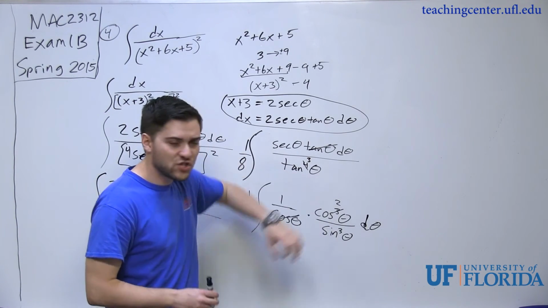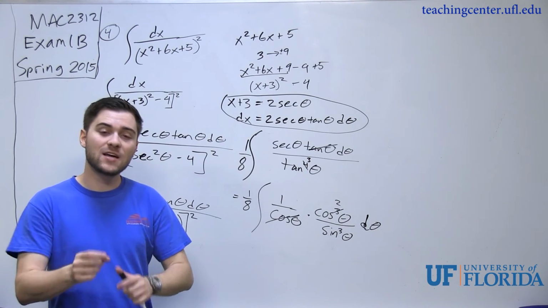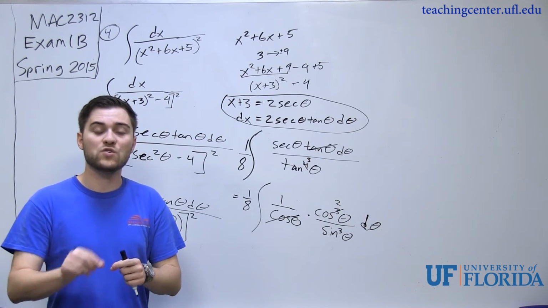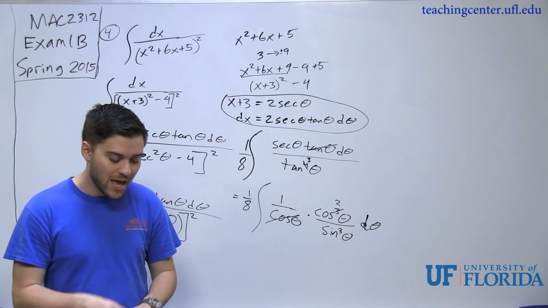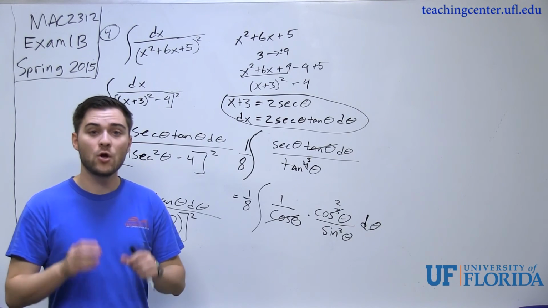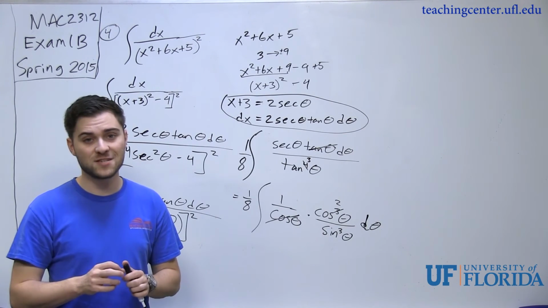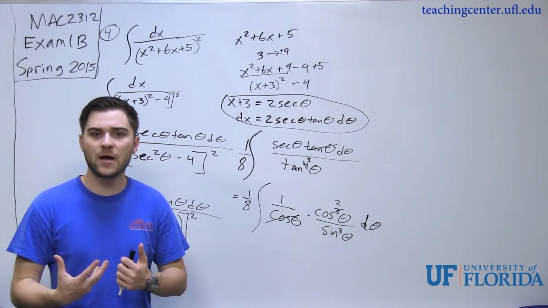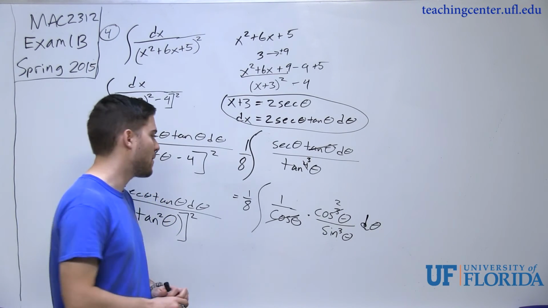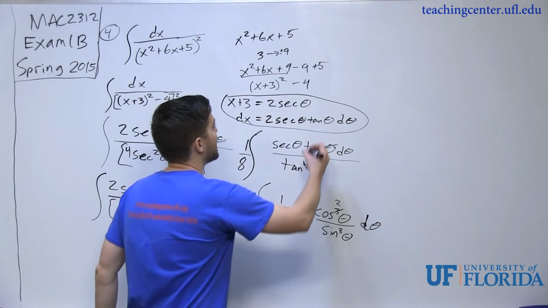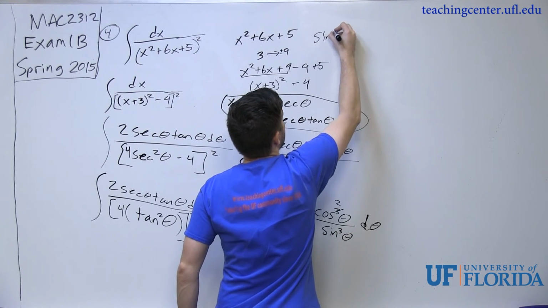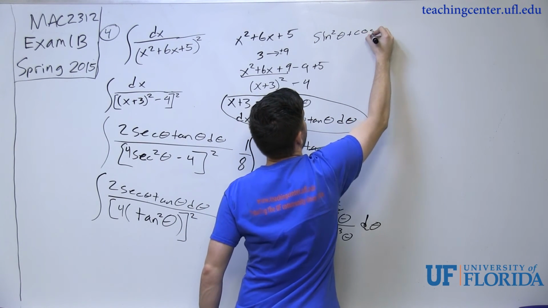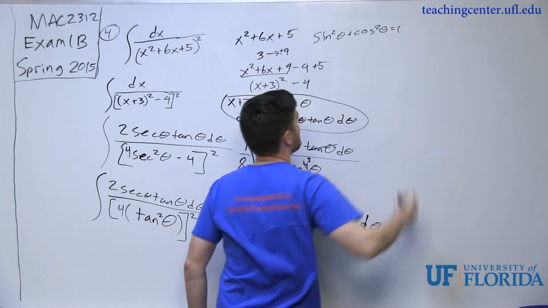Remember, if I have 2 terms on top separated by a minus sign and 1 term on bottom, I can always write them as 2 independent integrals. And I do see a couple of the answers in there do have terms that are separated by pluses and minuses. So they must be using some kind of trig identity to reduce that down. So I'm going to use the identity sine squared theta plus cosine squared theta is equal to 1.